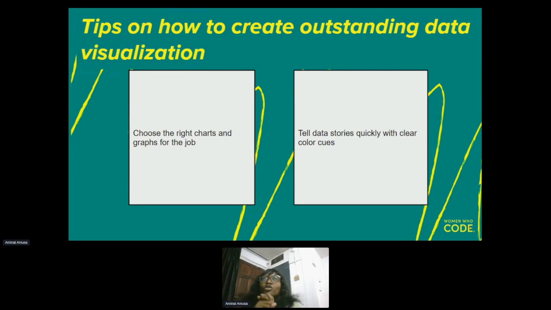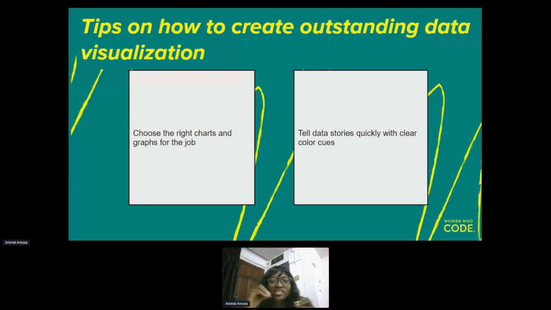Your dashboard or your visual should not have purple, then yellow, then green, then blue. Keep it simple. Use a uniform color theme, and to inform your choice of color, you can pick the company color that you're working for.